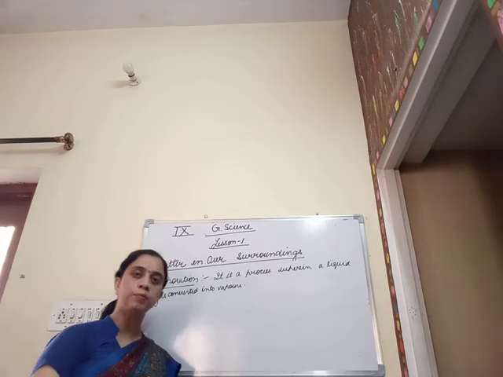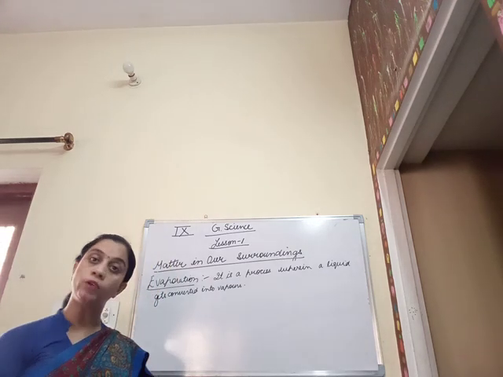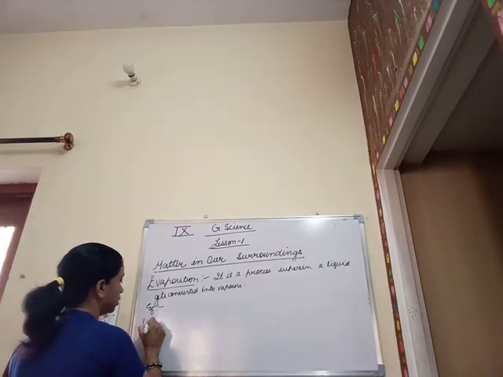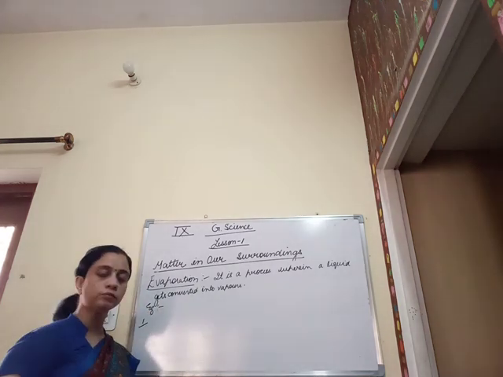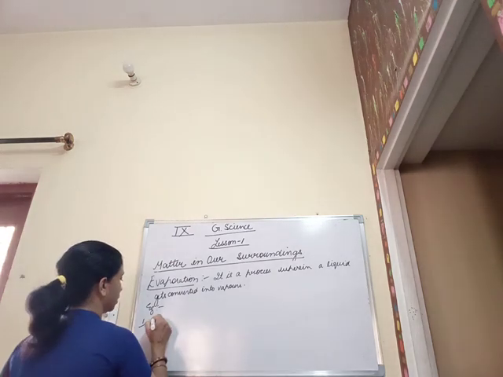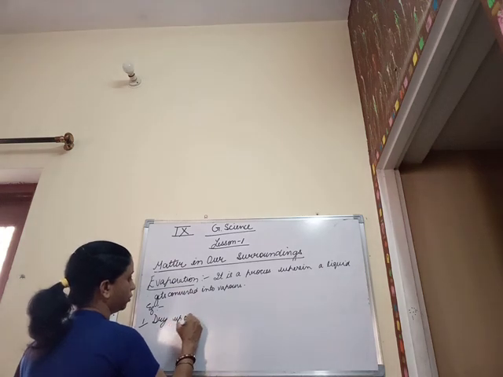There are various examples of evaporation that are seen in your vicinity or in your surroundings in your day-to-day life. The very first example of evaporation is drying up of the clothes in the sun.